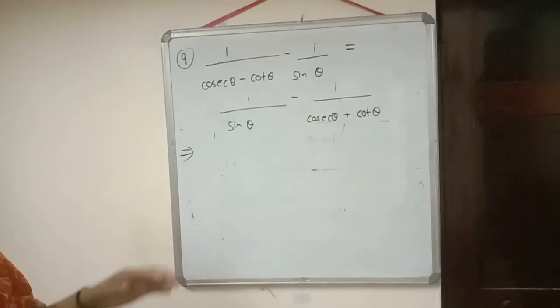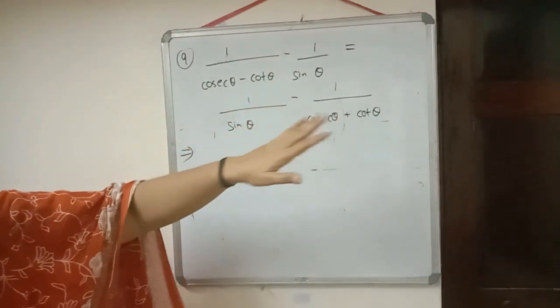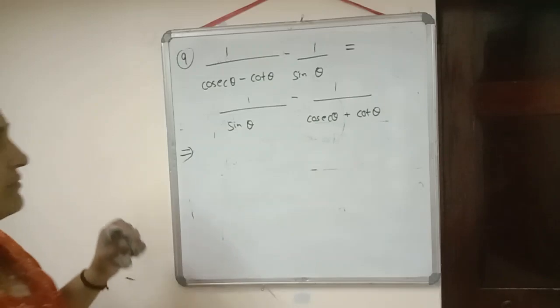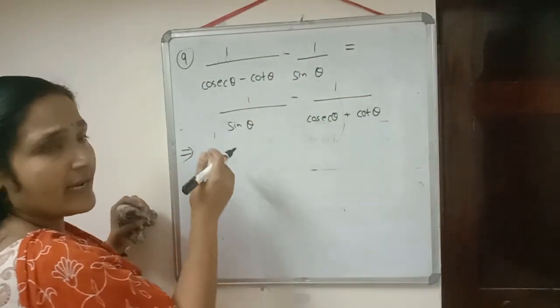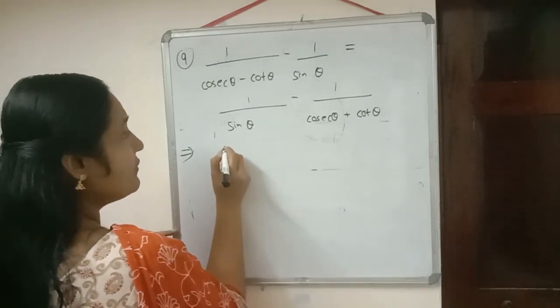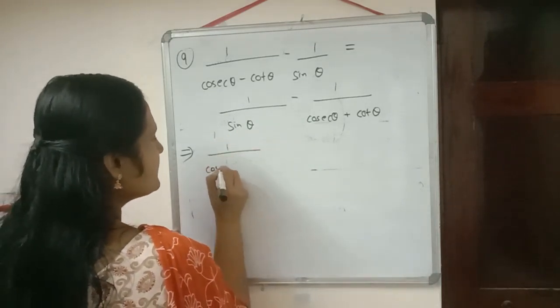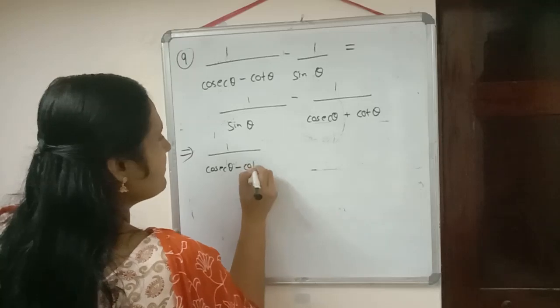Now here, if you want, you can shift this sin theta to the right hand side, then it will be equal to 2 by sin theta. We are just rearranging, and I think the calculation will be easier.